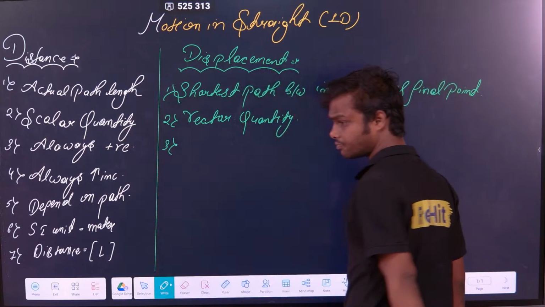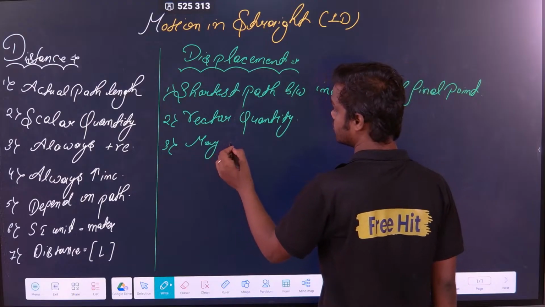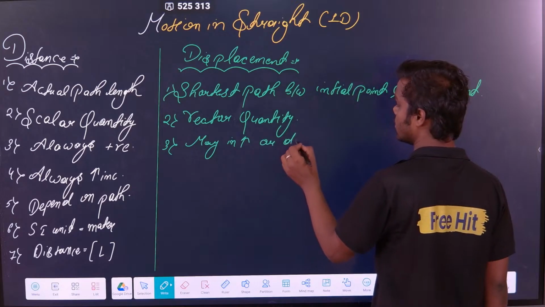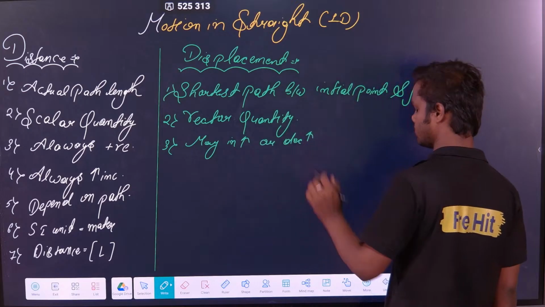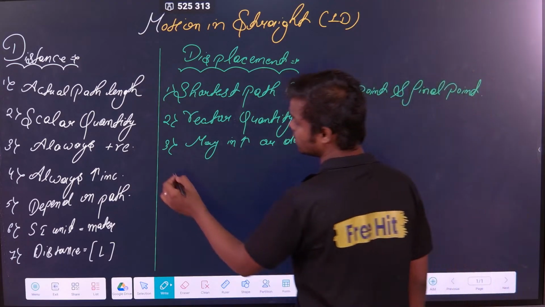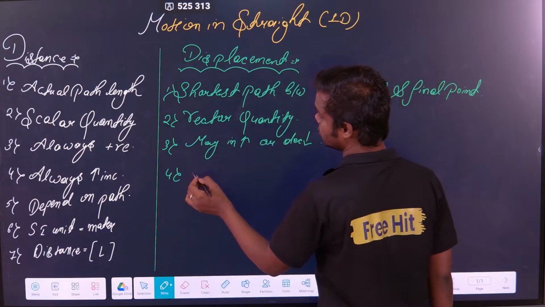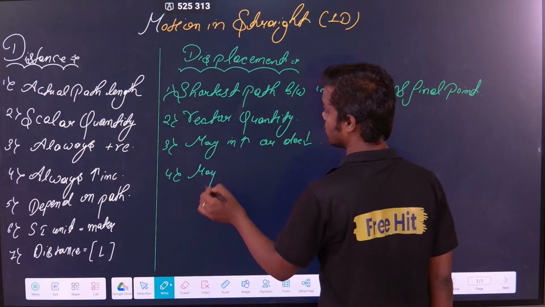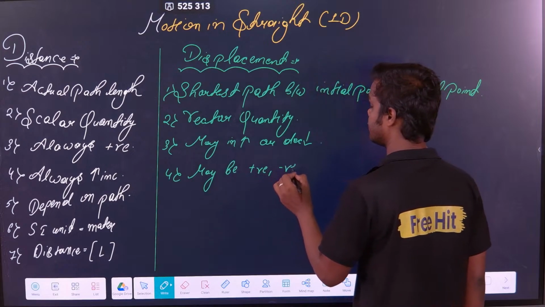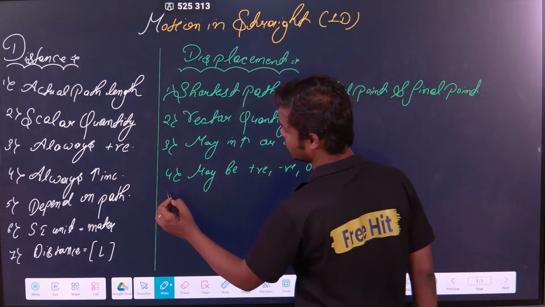Third point, it may increase or decrease. It depends. It can increase as well as decrease. Fourth point, as it is a vector quantity, it may be positive, negative, or zero. Anything of the three is possible.